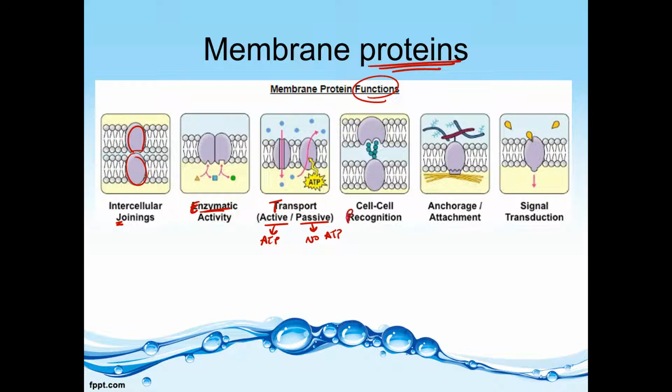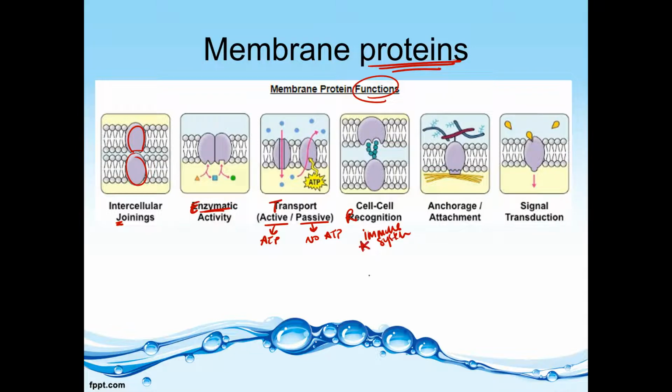Cell-to-cell recognition is another one of our membrane protein functions. This is super common in the immune system. So our bodies need to know what cells belong and what cells do not. And so lots of communication can happen because cells can recognize each other as belonging or not belonging.